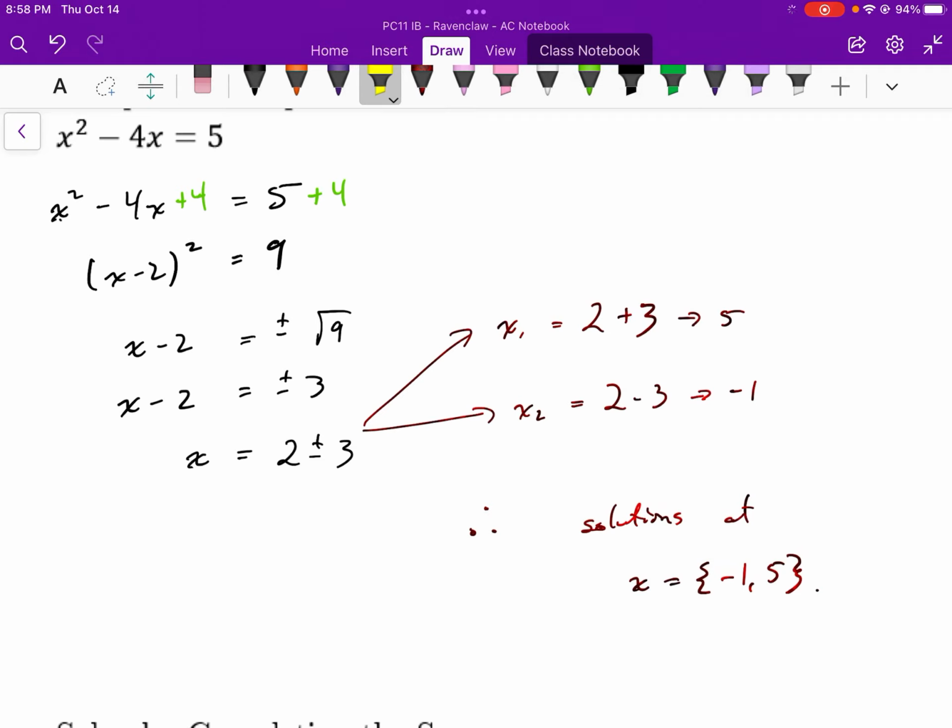Pivotal to completing the square, you need to put your algebraic expression, everything with a variable, to the left-hand side, your constant to the right. Furthermore, the coefficient in front of the x squared needs to be 1 in order to complete the square. Let's move on to the next example.